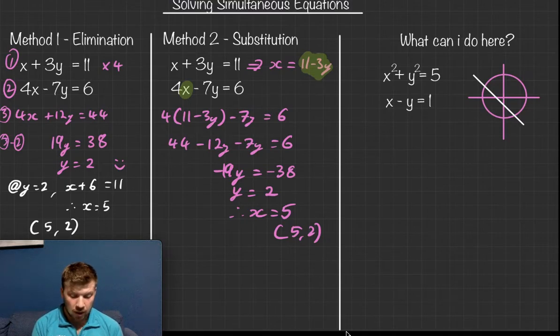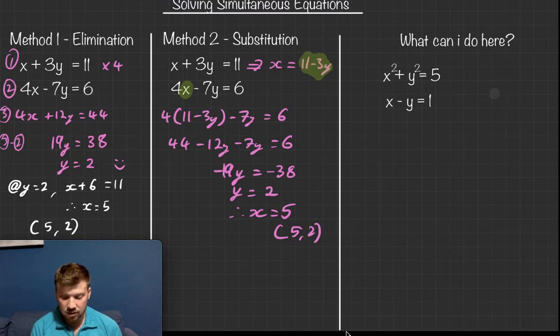So I'm going to have to use a substitution here, and it makes sense for me to sort out this bottom equation first. I'm going to rewrite this as x is equal to 1 plus y.